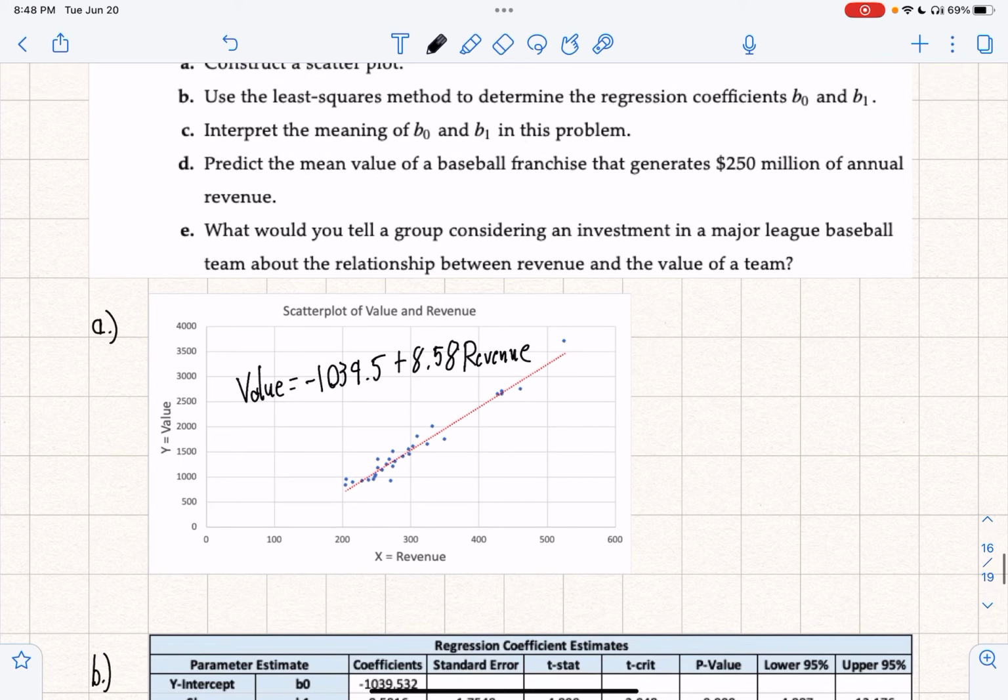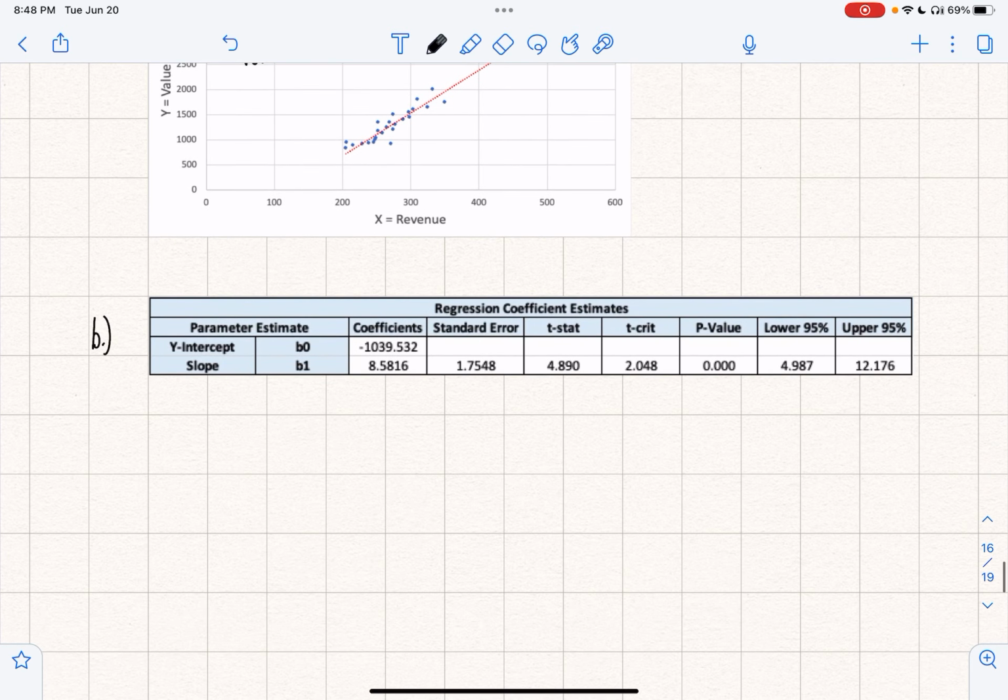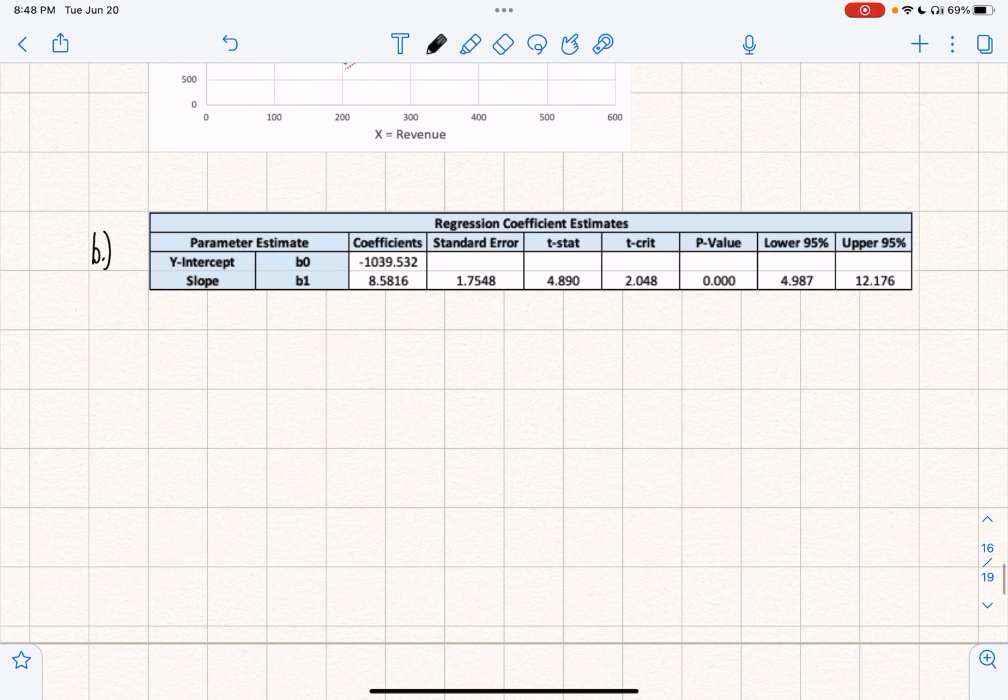Okay, so part C, we want to interpret these coefficients, so let's do that. Let's start with the intercept, b0. We can see it is equal to negative 1039.53.